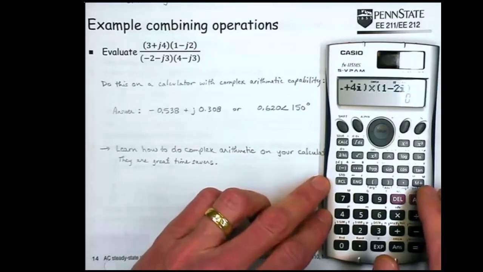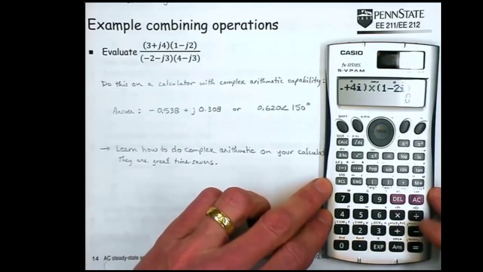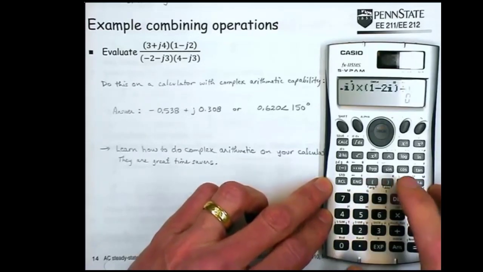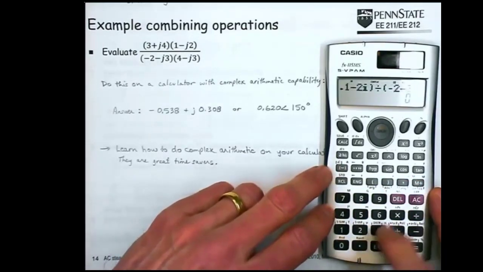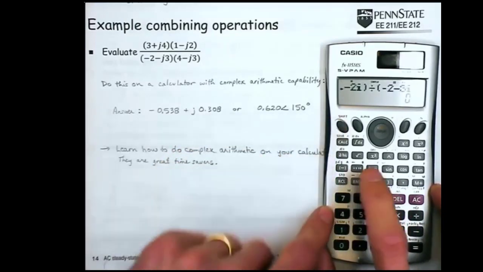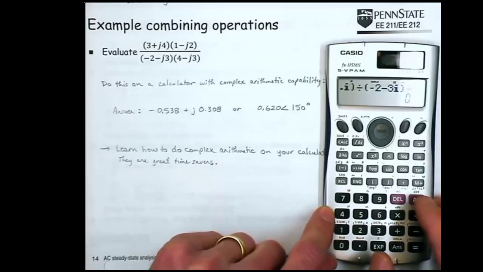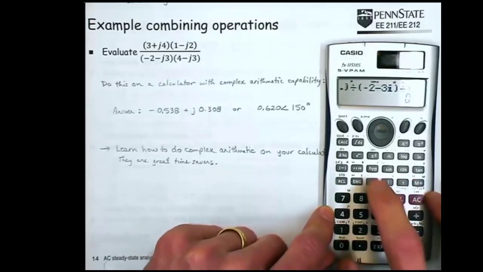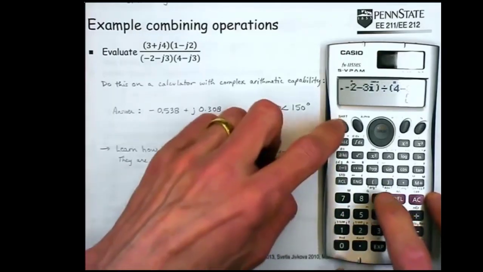And then I want to divide that by minus 2 minus 3i. So divide by parentheses minus 2 minus 3i. And I want to divide again by 4 minus 3i.